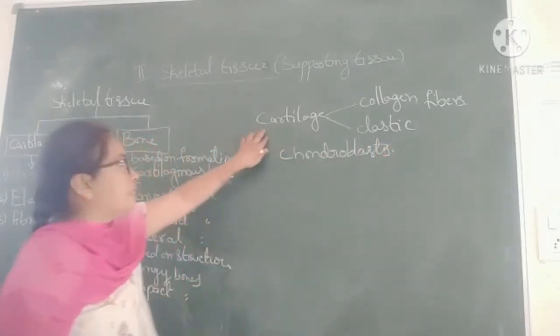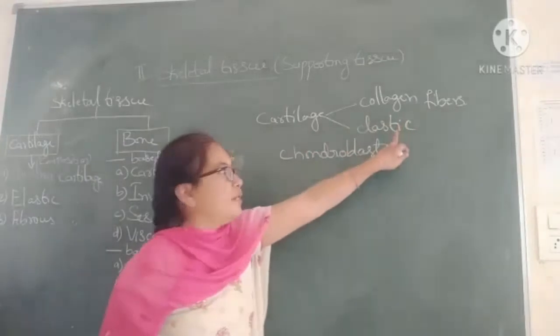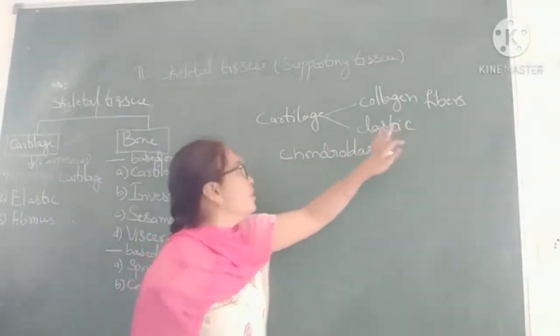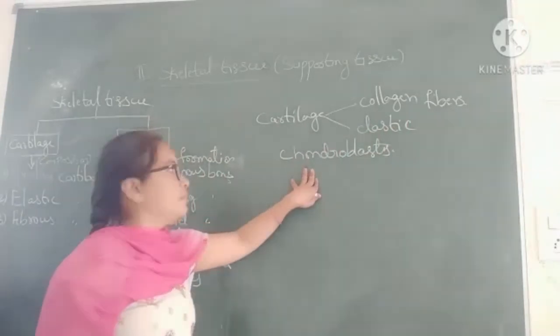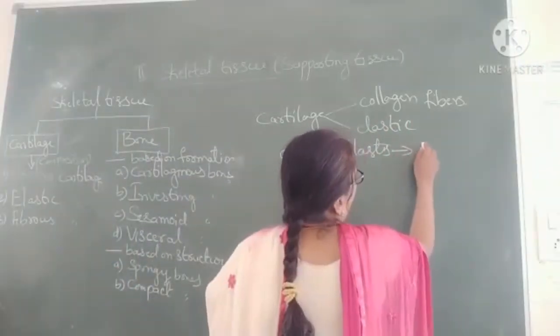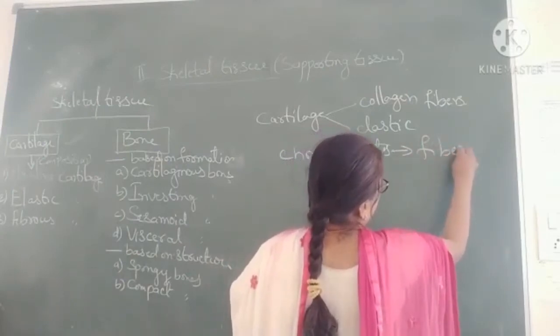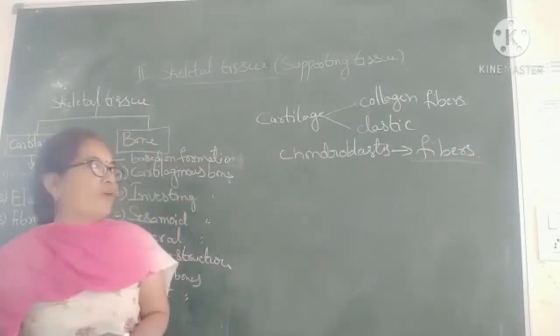So the cartilage contains collagen fibers and elastic fibers, and also the chondroblasts, which secrete the fibers.